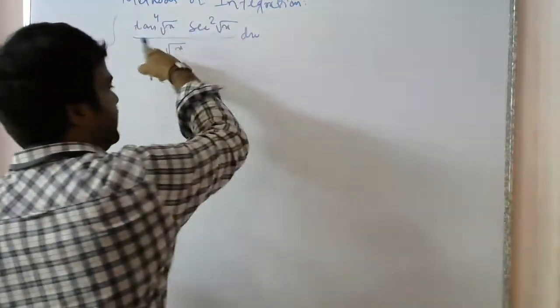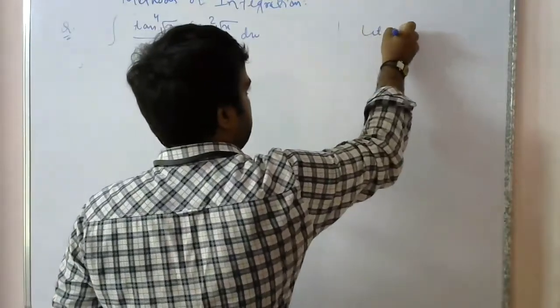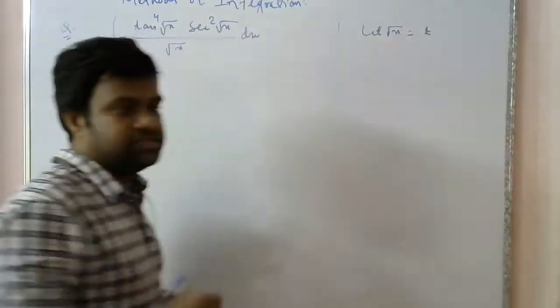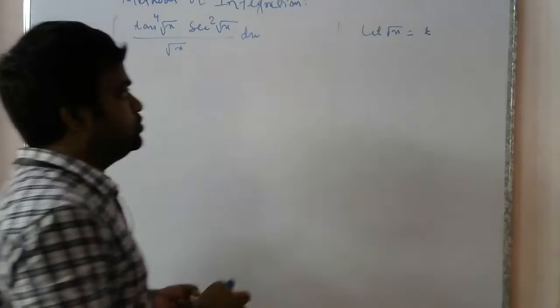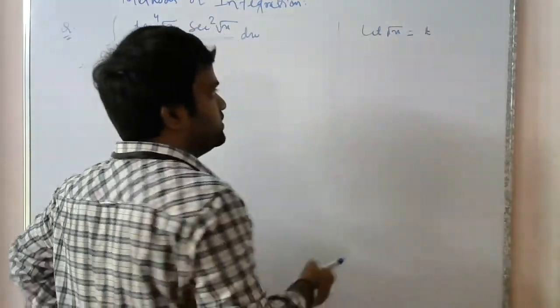So let me take root x first. Let root x be equal to t. So I'm doing it directly now. What is the derivative of root x?